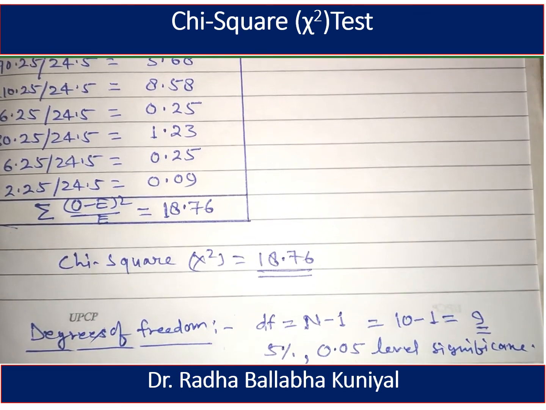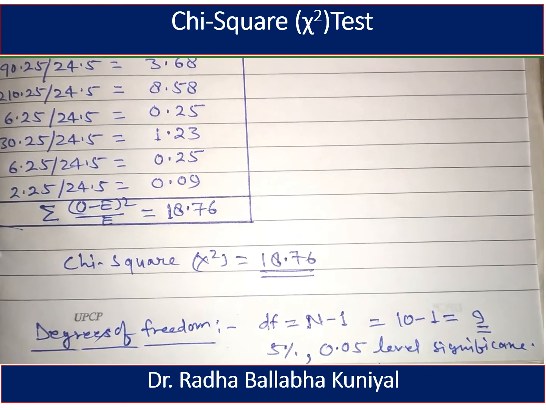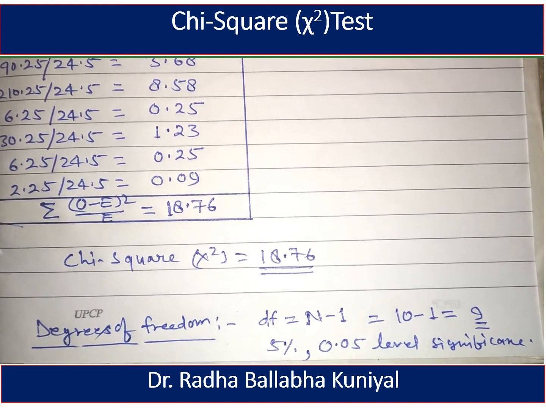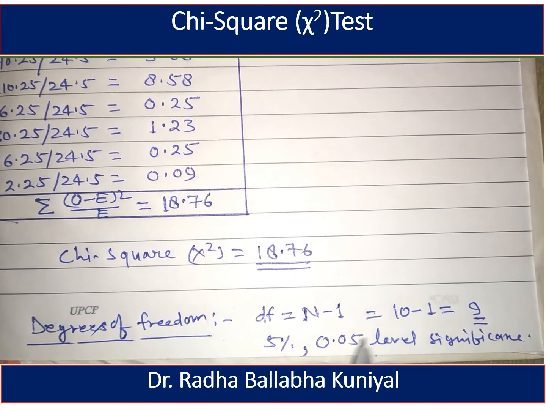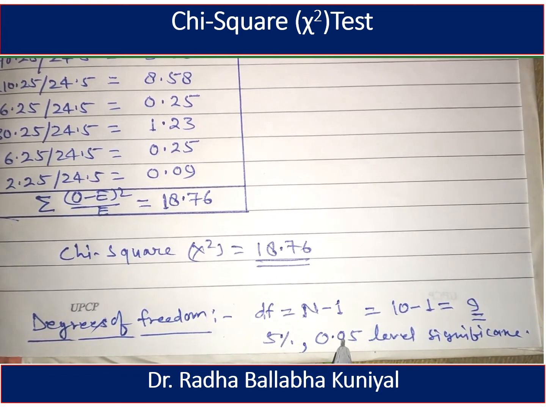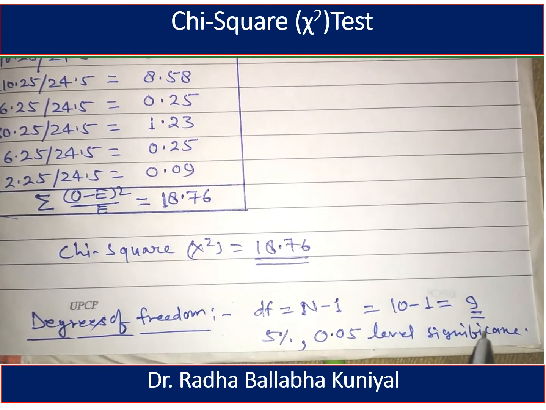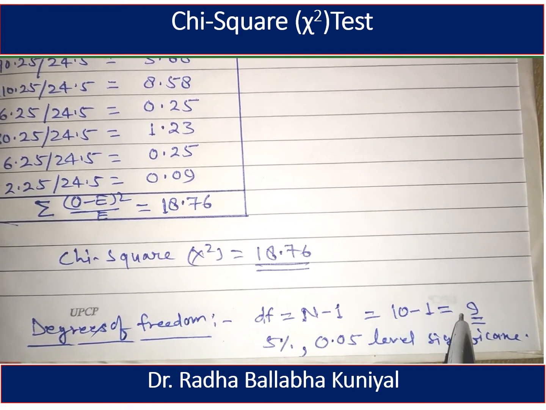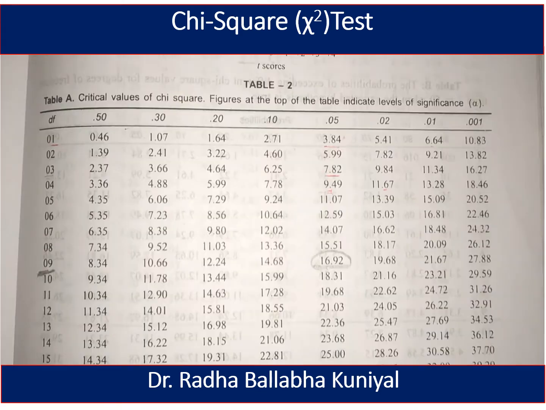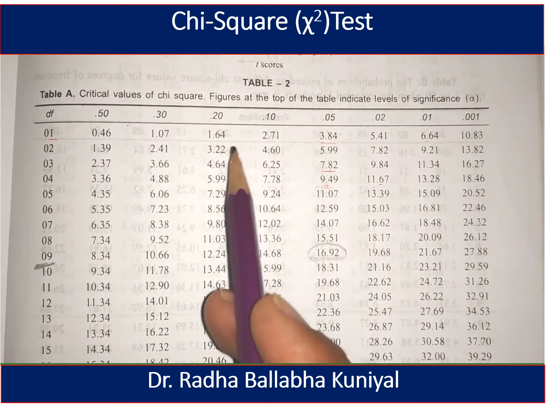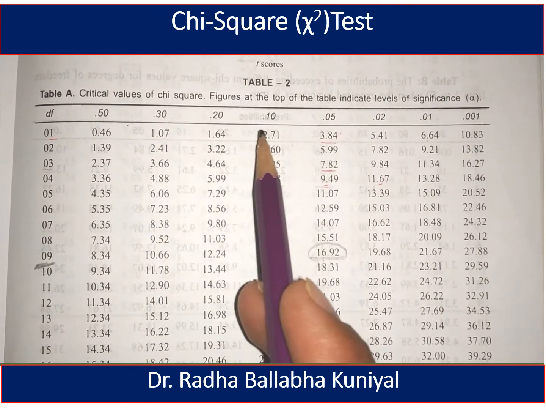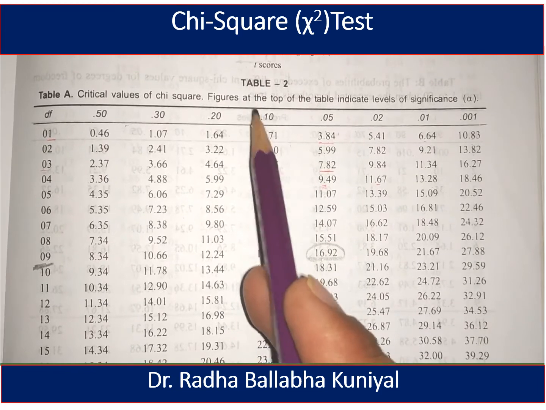Now in the next step we have to see the critical value or tabulated value of chi-square at the 0.05 level of significance for 9 degrees of freedom. This is the chi-square table, where the top indicates the level of significance.